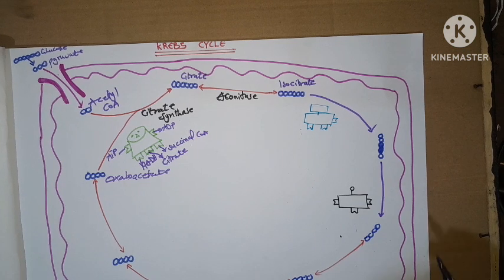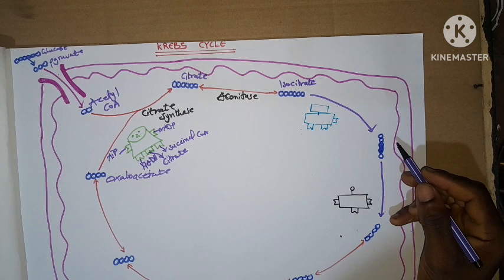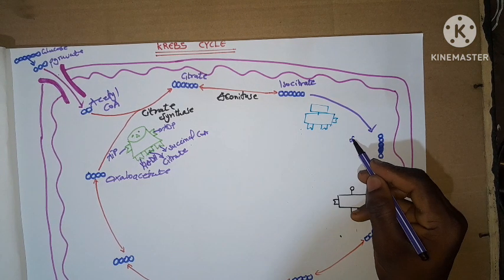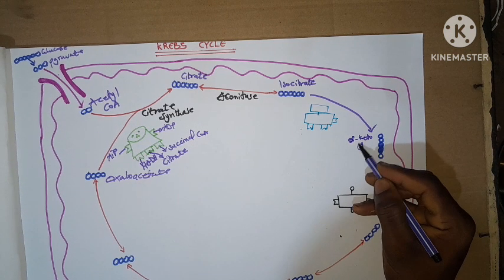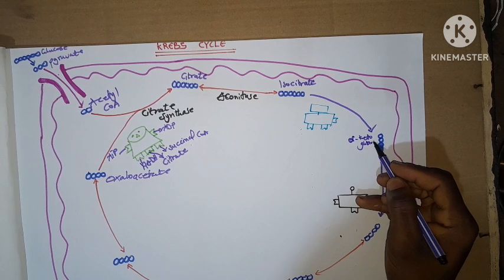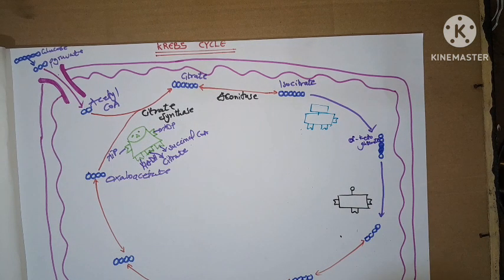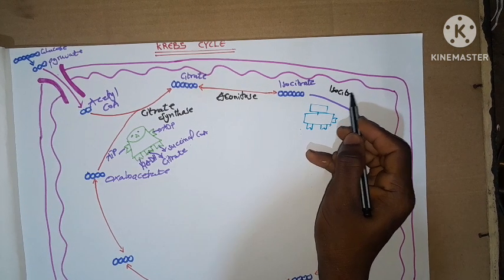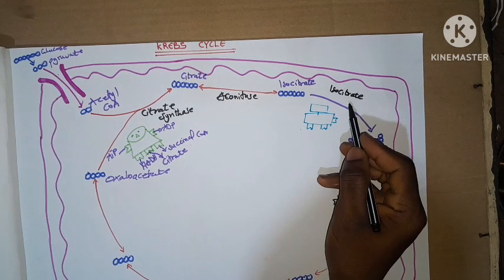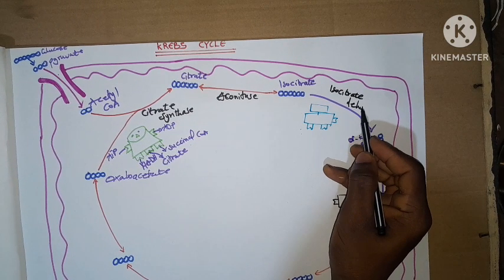So this molecule is known as alpha ketoglutarate. And the name of this enzyme is called isocitrate dehydrogenase.